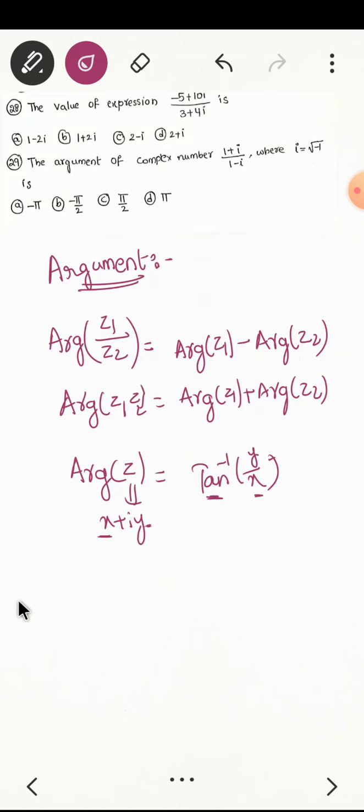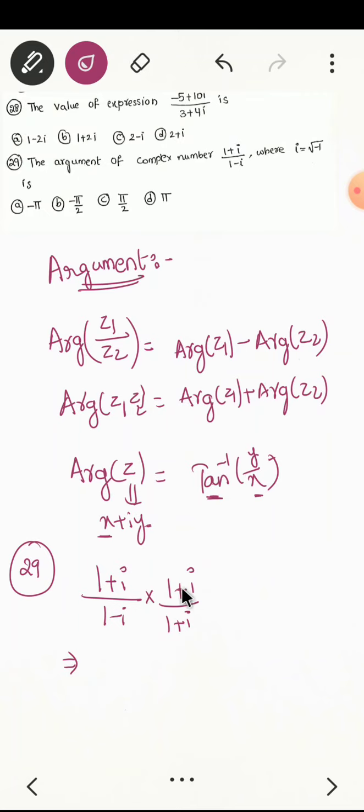Let us do problem number 29. The argument of the complex number (1 plus i) by (1 minus i). You can do it using this property, or you can just convert this into one single complex number. That thing we know, right? (1 plus i) by (1 minus i) into (1 plus i) by (1 plus i). Rationalize.